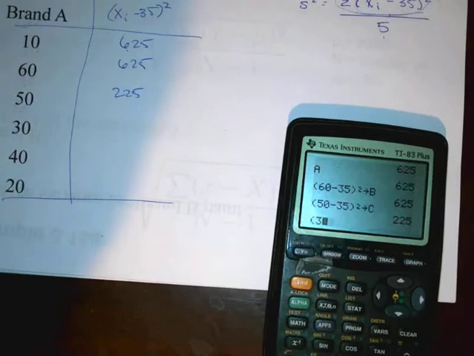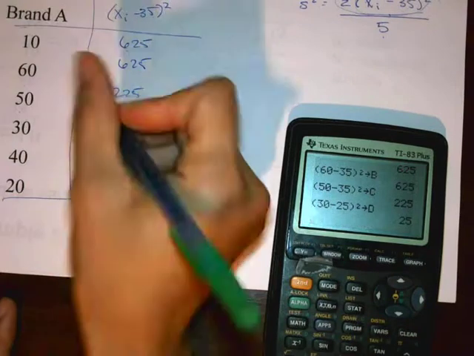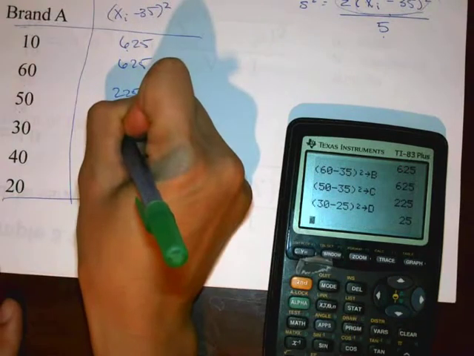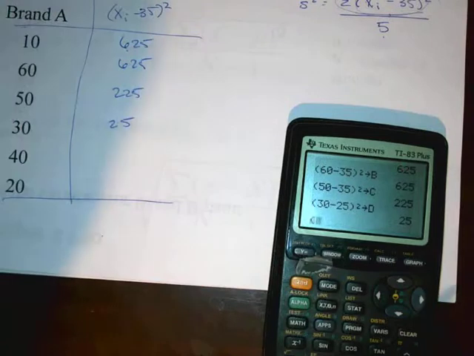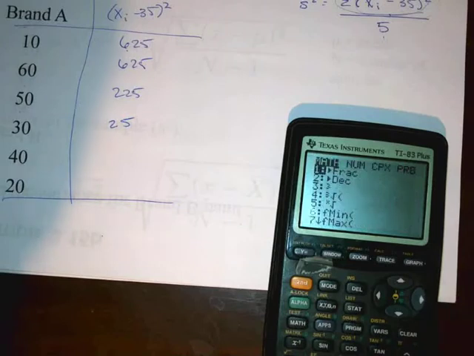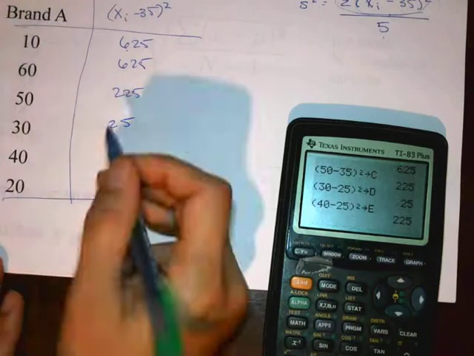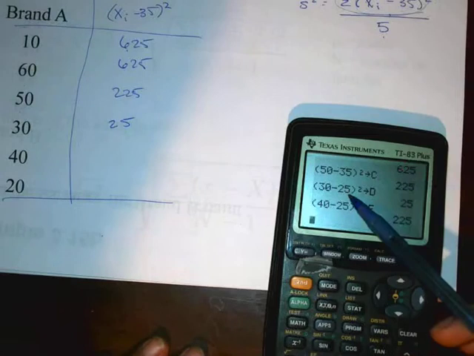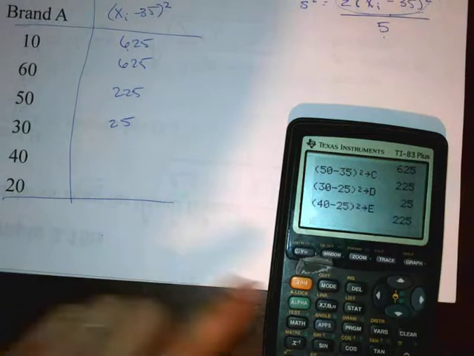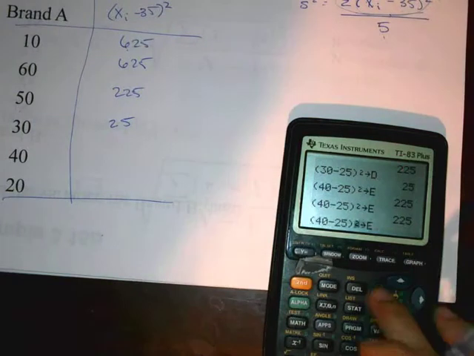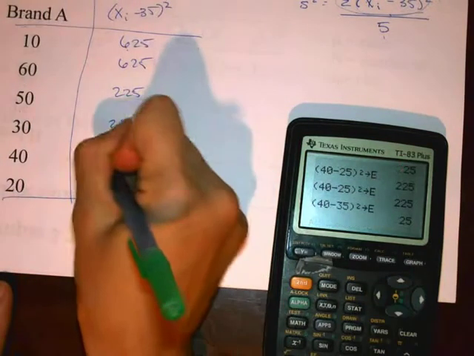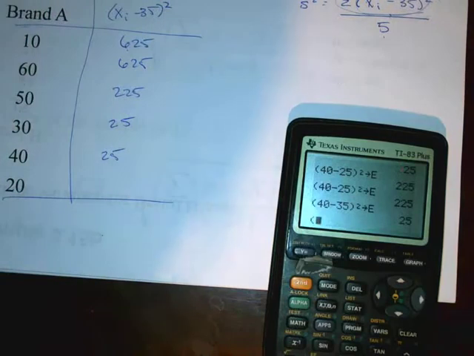C. 30 minus 25. Oops, I started doing 25 here. It didn't matter for D, but it is going to matter for E.